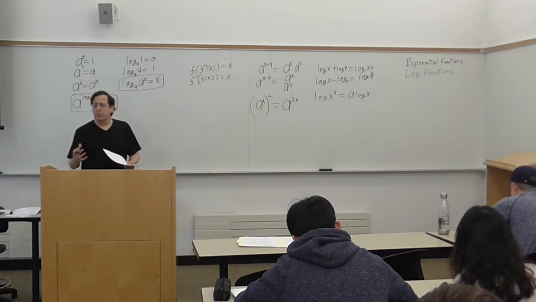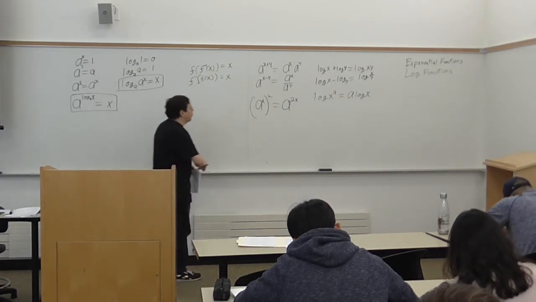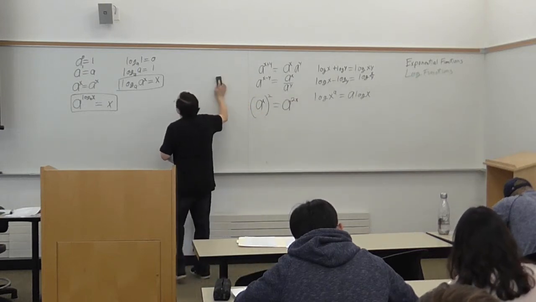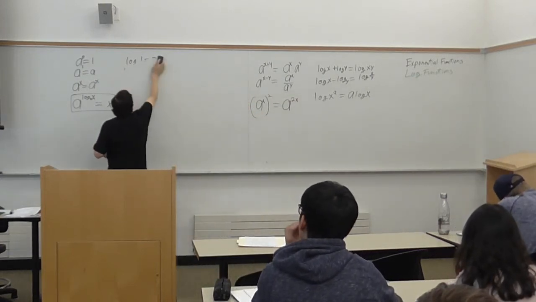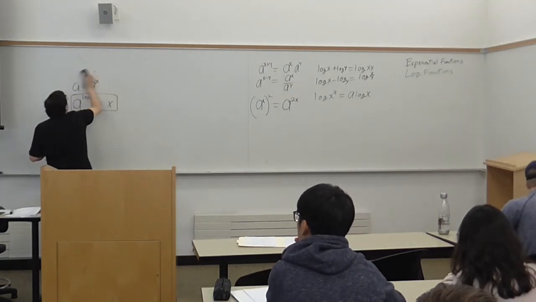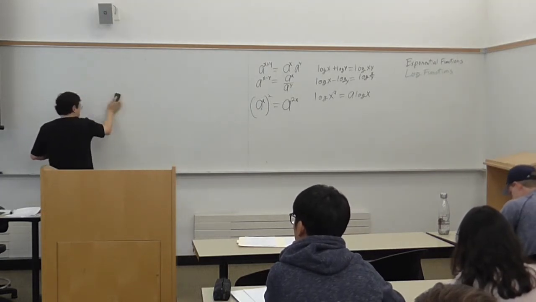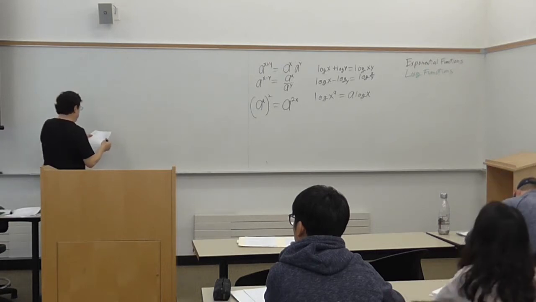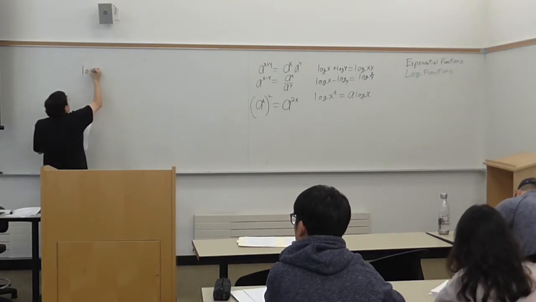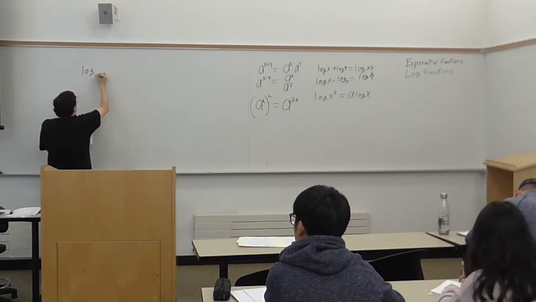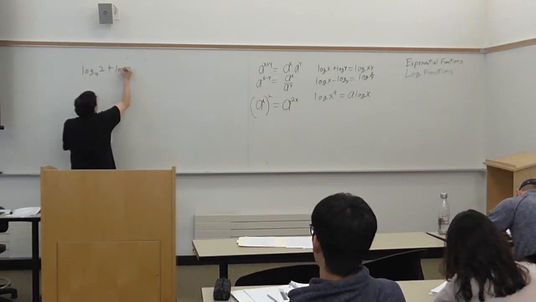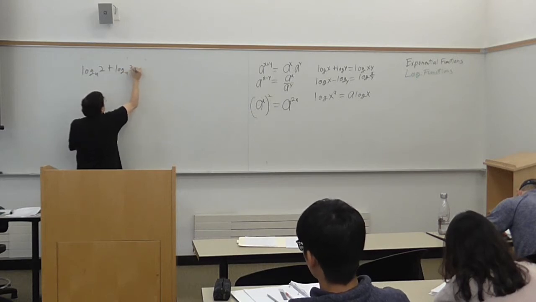All right, let's look at a few problems we can solve using these properties. Let's start with log to the base 4 of 2 plus log to the base 4 of 32.